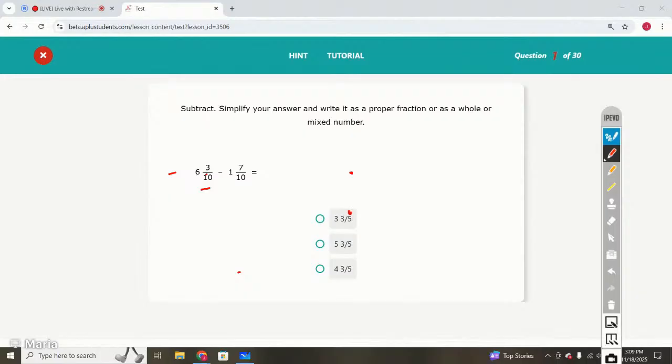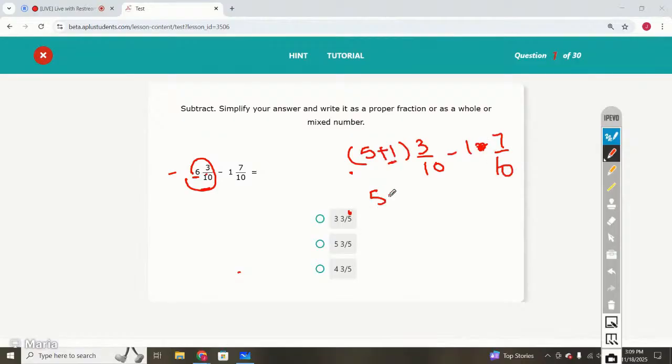We have 3 and 7, but we cannot subtract the greater number from the smaller one. So we need to break down this fraction. So how do we break down? We can break down this 6 as 5 plus 1, right? And that is 3 by 10 minus 1 whole 7 over 10.